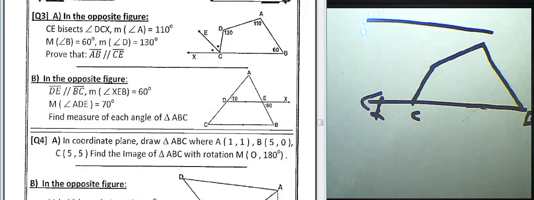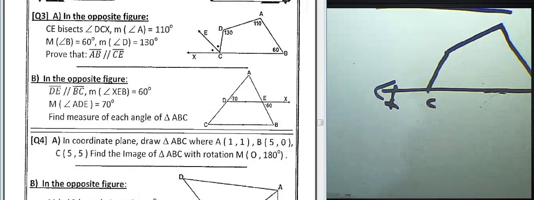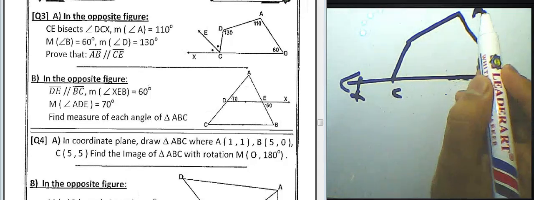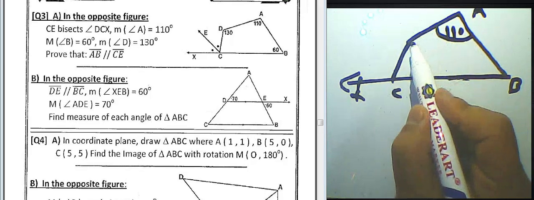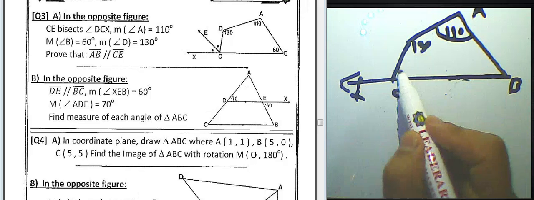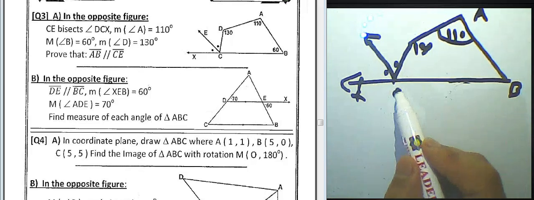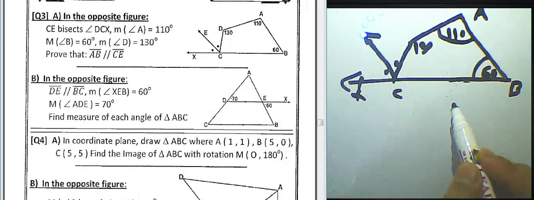It's angle B. Okay, my students, and angle A here, its measure is 110, and here 130, and we have a ray that bisects angle C. The measure of angle C equals 60 degrees.